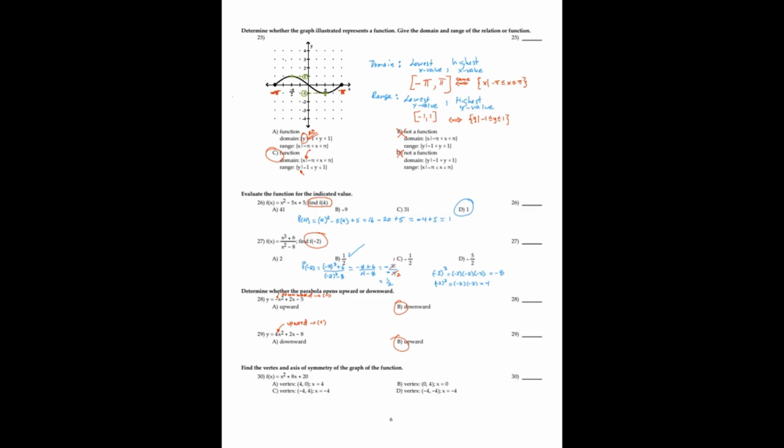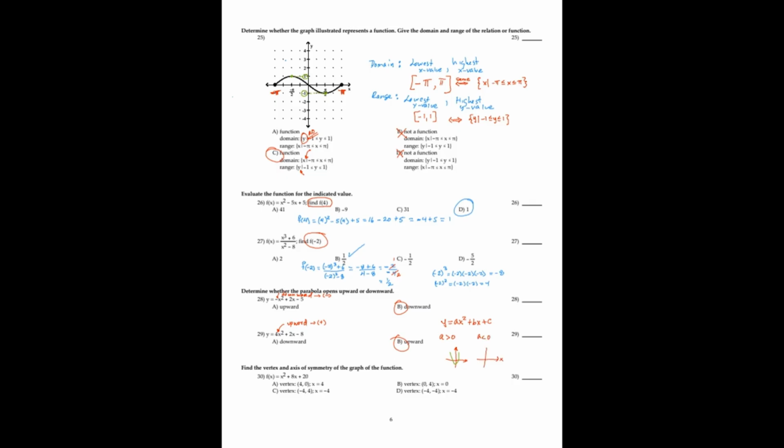Remember, the quadratic functions are y equals ax squared plus bx plus c. When a is greater than 0, when it's positive, the graph of the function opens up, something like this. When a is less than 0, when it's negative, the graph of the function opens downward.